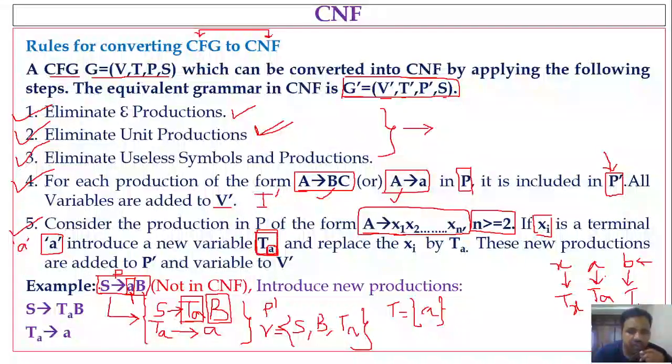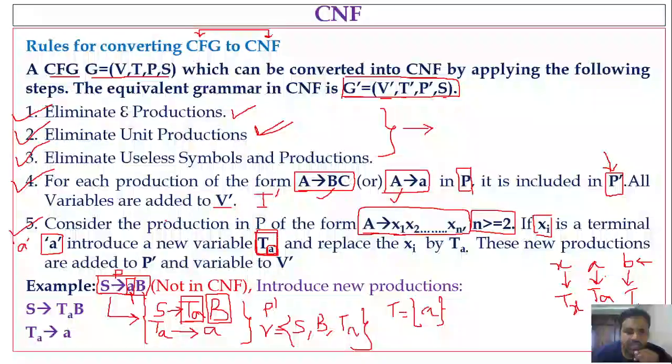So this is how we can convert that CFG into CNF. So this is what about the rule 5, right? So rule 5 is saying that if we are having more than one terminal symbol in the body of the production, then we have to convert that terminal into the variable, right? So for that we have to introduce a new variable, okay, and we have to add the new production, right?